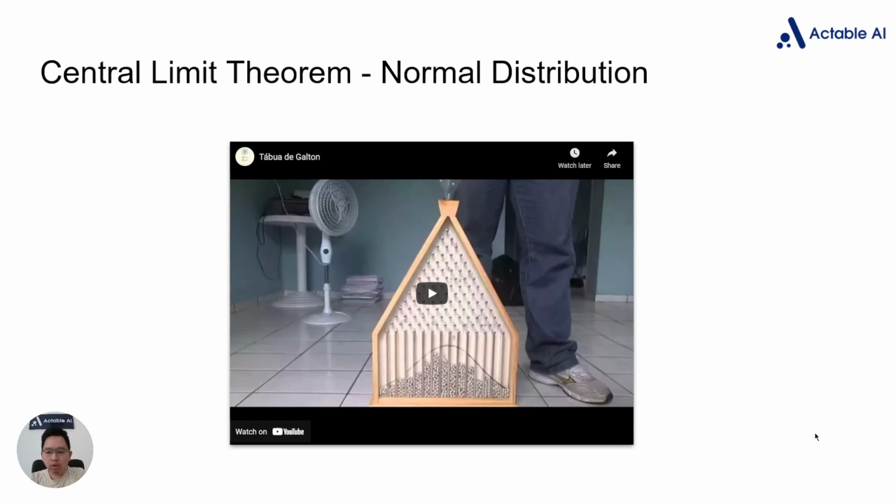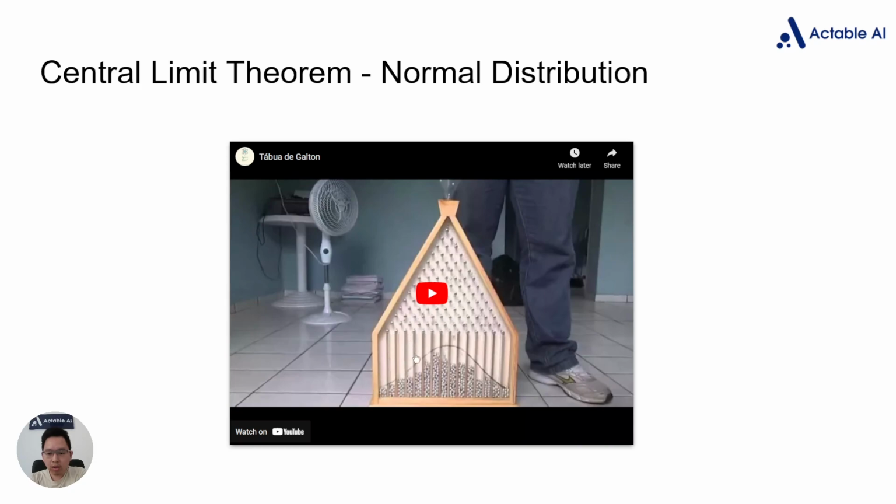Here I'm going to show a video of a Galton machine, a machine that has pins arranged in an alternating pattern.